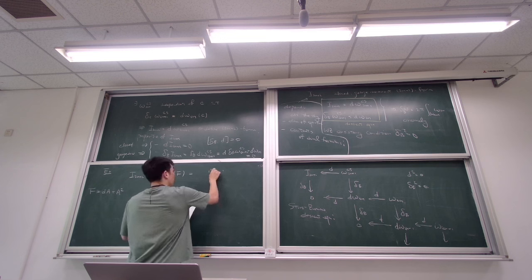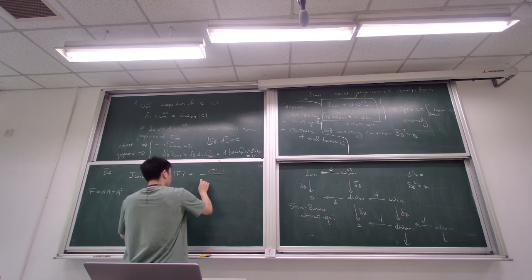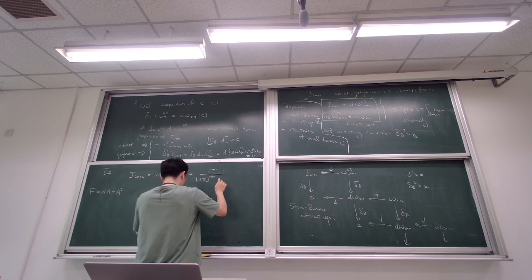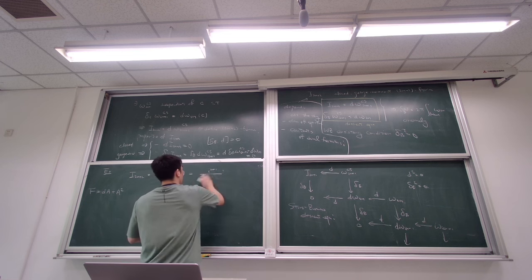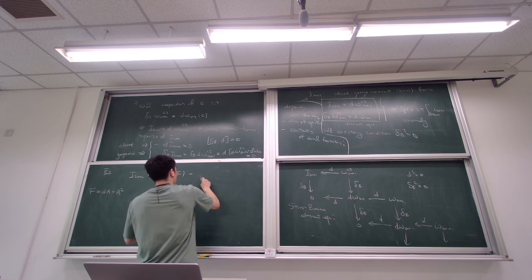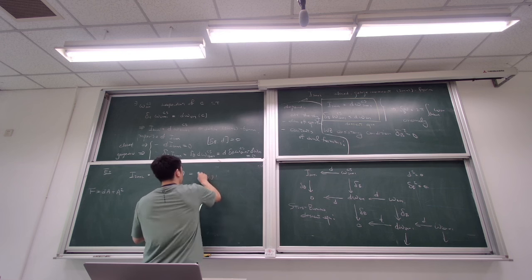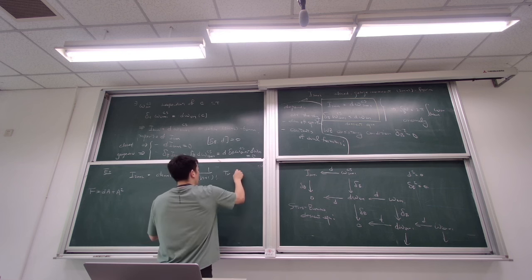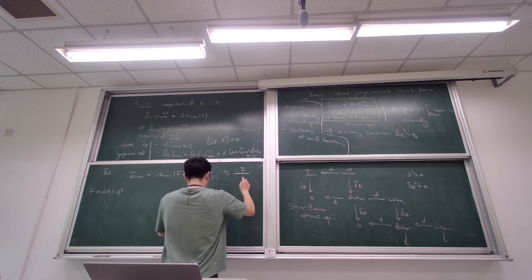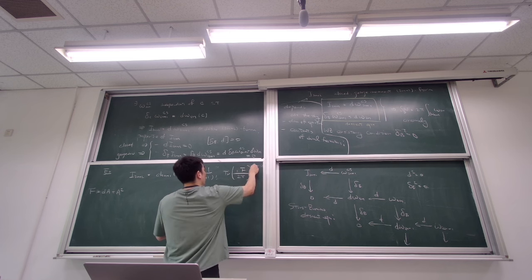And this is defined as follows. In my notation it's like this way: 1 over n plus 1 factorial, trace of i times F over 2 pi, to the power n plus 1.